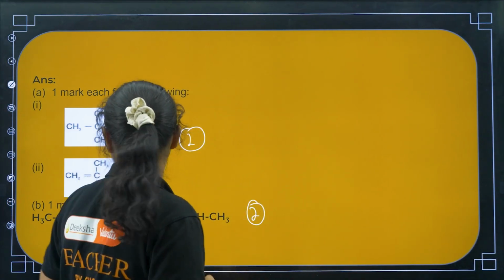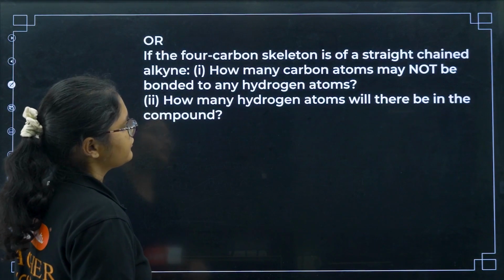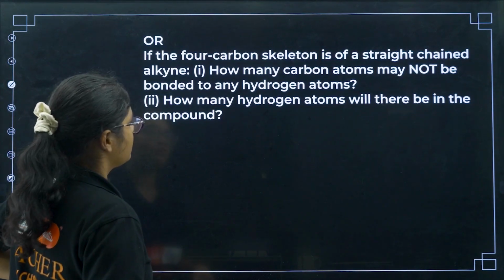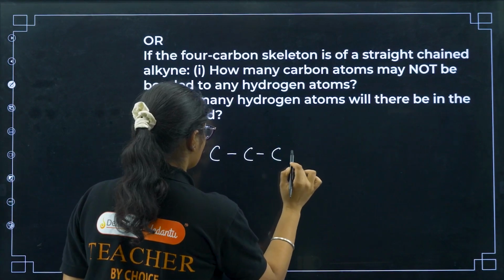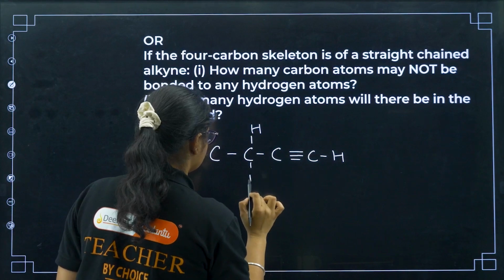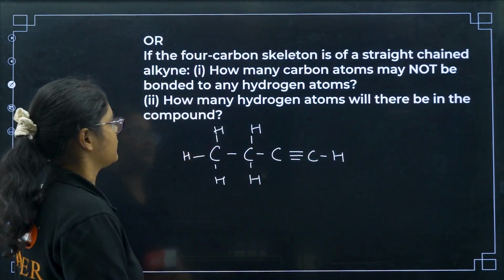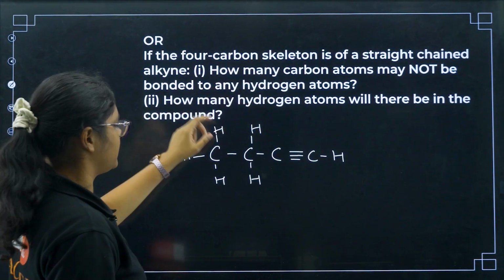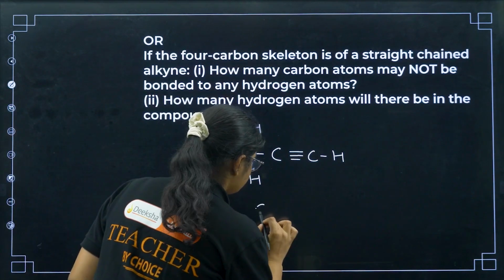Now moving towards the OR question. If the 4 carbon skeleton is of a straight chained alkyne, how many carbon atoms may not be bonded to any hydrogen atom? So you have a straight 4 carbon alkyne, right? How many carbons do you have which are not bonded to any hydrogen? This is a very good question. This is an alkyne, or I can also make it like this.